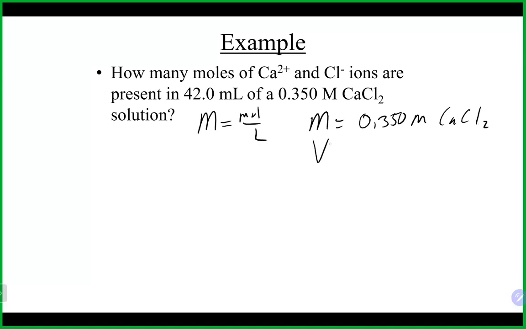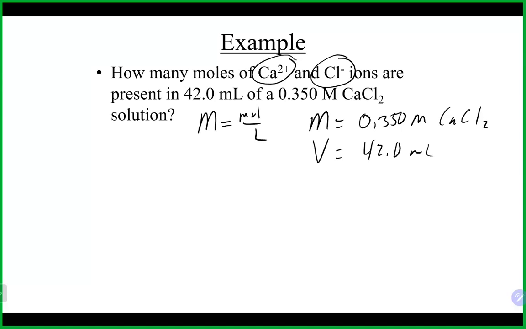We also have the volume, 42 milliliters. You could do this one of two ways. You could do it as the whole thing together, or because we're really just interested in the ions, you could get the concentration of the ions first and then do the molarity calculation for them. So I'm going to take that approach.